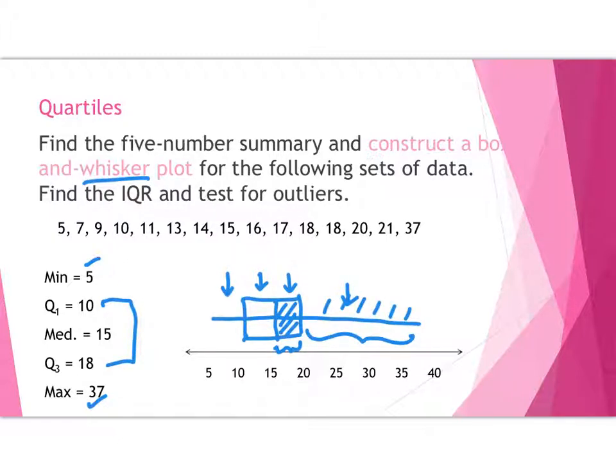So when we talk about measures of position, that's what we're talking about: how clumped up or separated each set of data or each region of data items would be.